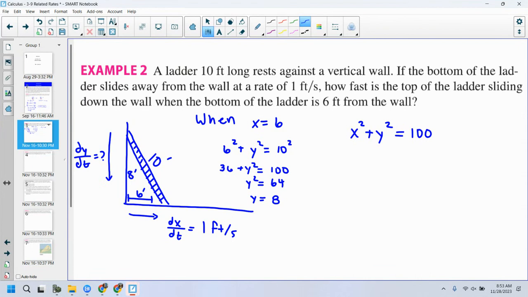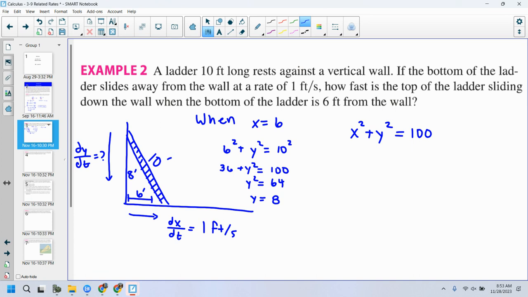That's an equation that links the two values together. And that, for some of you, is going to be the hardest part. Coming up with some sort of equation that links these two rates together. Whether it's Pythagorean or a volume or a rate, whatever it may be. I don't know. It's different for each one.